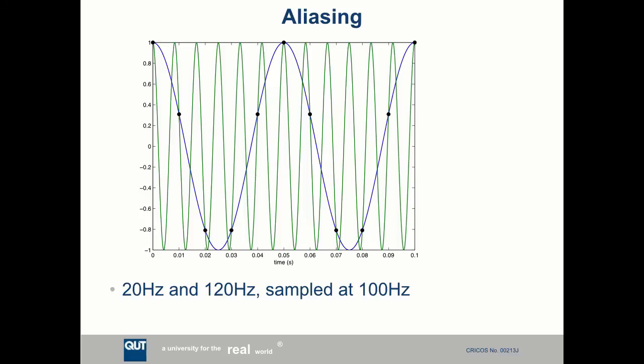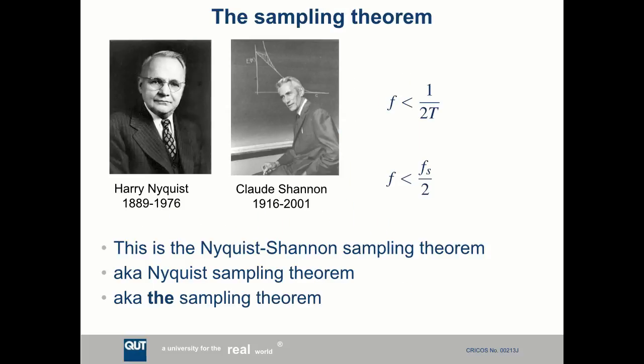This is a fundamental artifact of having a sampler in the system. A digital system has to have a sampler. We have to go from a continuous signal to a discrete signal. We have to have a sampler, and a sampler is going to do annoying things like this. So these two smart gentlemen proposed the so-called sampling theorem, the Nyquist-Shannon sampling theorem, which says basically that the highest frequency in your input must be less than half the sampling frequency.